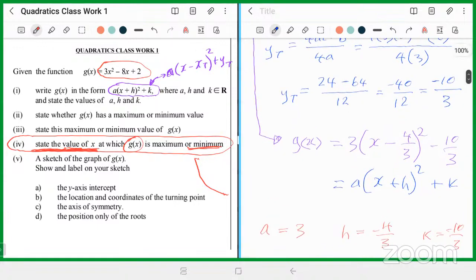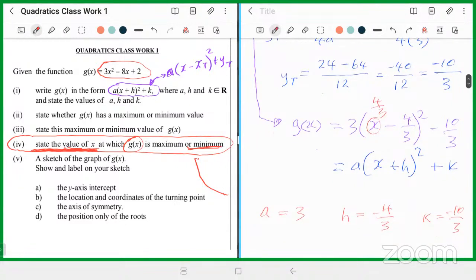Right? If this x value becomes 4 over 3, which is equal to the xt value, then this 4 over 3 minus 4 over 3 is going to cause this to become 0. And that is when g of x is equal to minus 10 over 3. So that proves it.